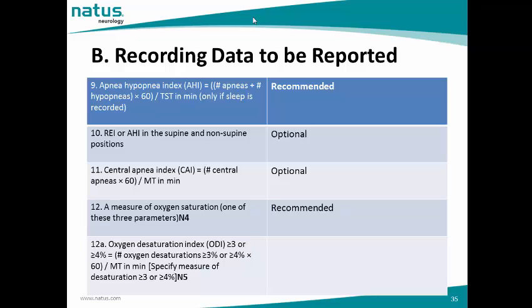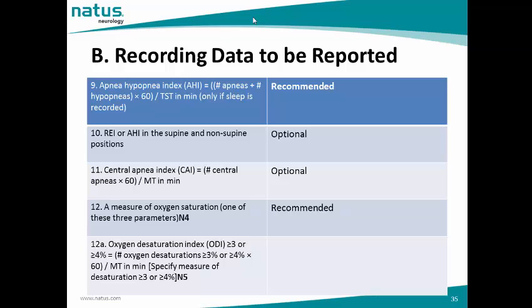Oxygen desaturation index for more than or equal to 3 or 4% should be reported. Oxygen desaturation index should report the same desaturation as used for scoring hypopneas.